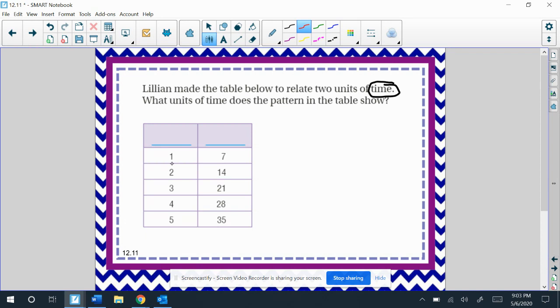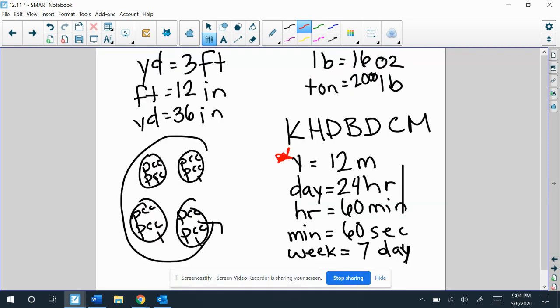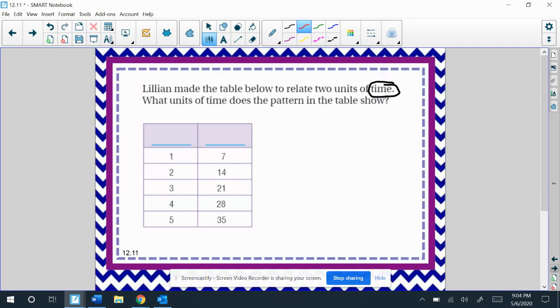If I have 1 and 7, well, which units had 1 and 7 in them? If you look at your paper and you see 12, 24, 60, 7, there it is. The units were week and day. Now we need to figure out which one goes where.